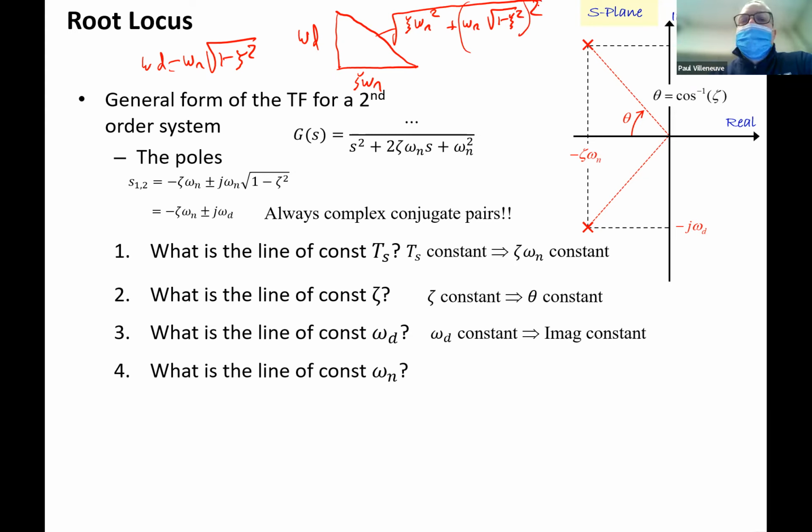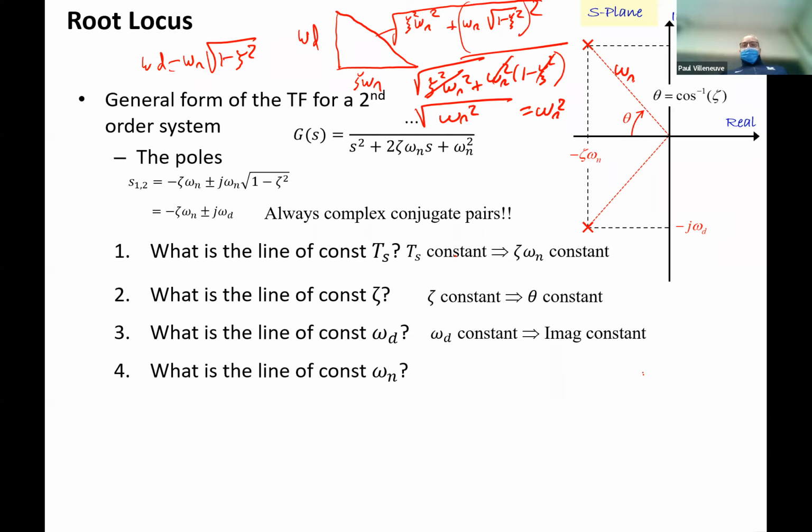So we have the square root of zeta squared omega sub n squared plus omega sub n squared times 1 minus zeta squared. This term here and this term will cancel. So what I'm left with is omega sub n squared, square rooted, which is omega sub n. So my hypotenuse here is omega sub n, okay? That's how I solved for that term.